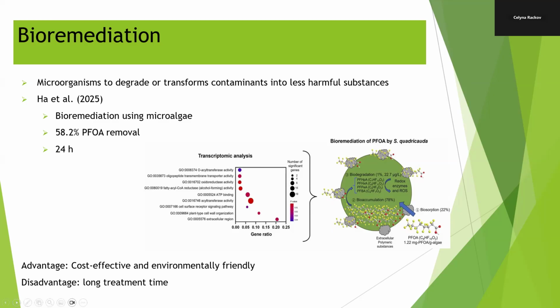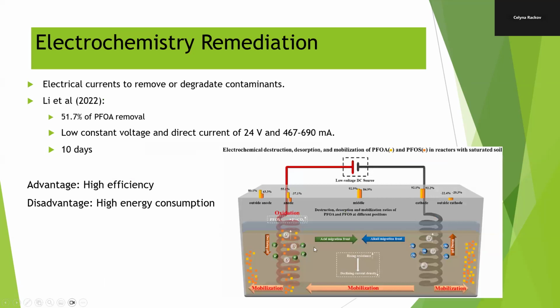All right. The next technique is electrochemistry. Electrochemical remediation uses electrical currents to remove or degrade contaminants. In this study, Lee et al. 2022 got 51.7% of PFOA removal.